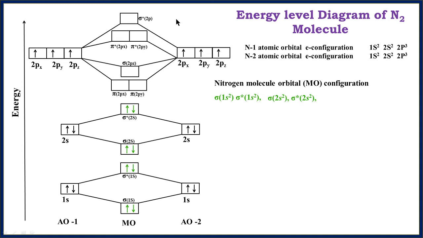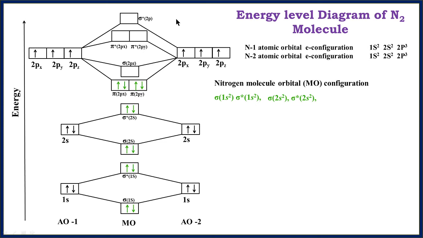According to the Aufbau principle, the first electron will get filled in the lower energy level like this. Next, according to Hund's rule, the electron should not be paired, it will be filled in the equal energy level. Next, the third electron will be paired here. Next, the fourth electron will be paired here.